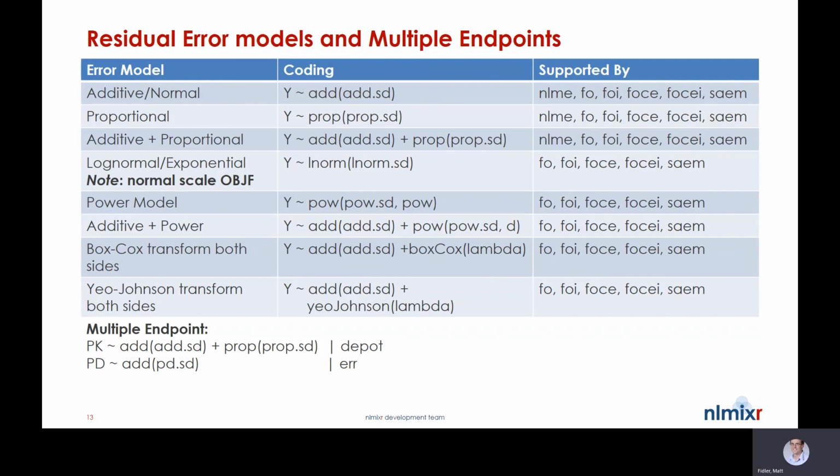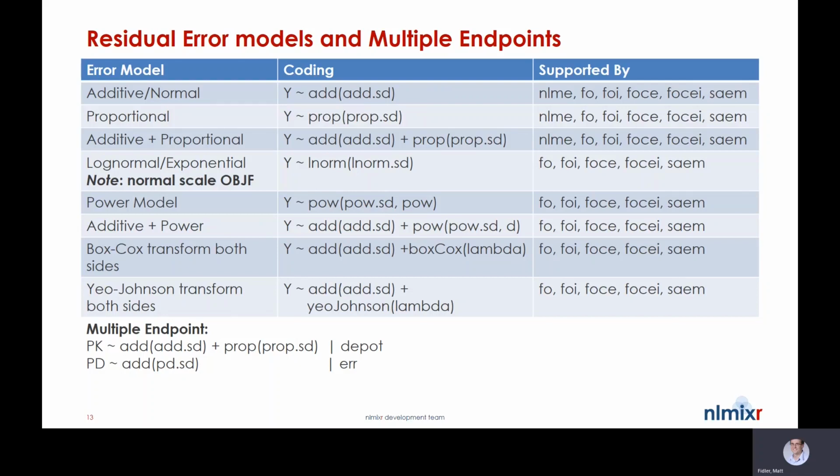The last piece that I'll briefly talk about is the residual errors. In the model itself, when you are describing an endpoint, say concentration, you can model it by a residual error component.